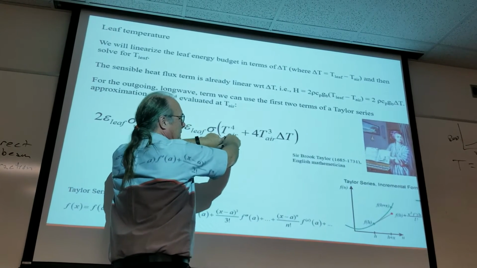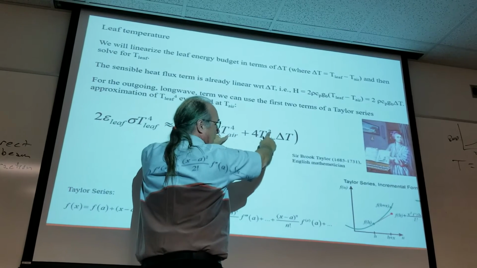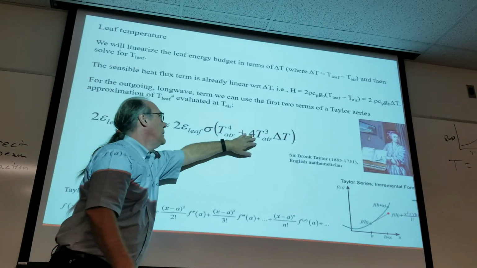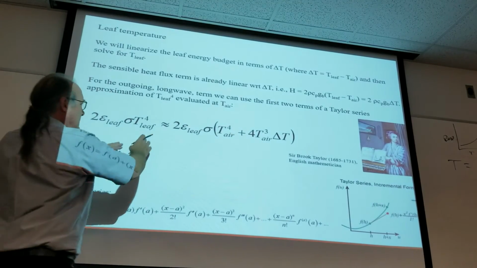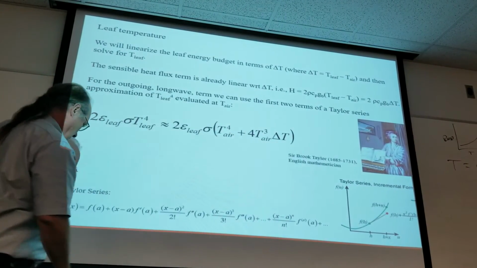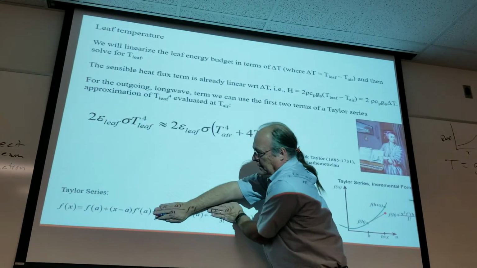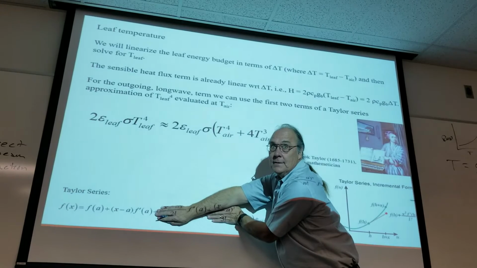So the first derivative, 4 T air cubed times delta T, times the rest of this stuff. So this approximation is just the first two terms of the Taylor series.